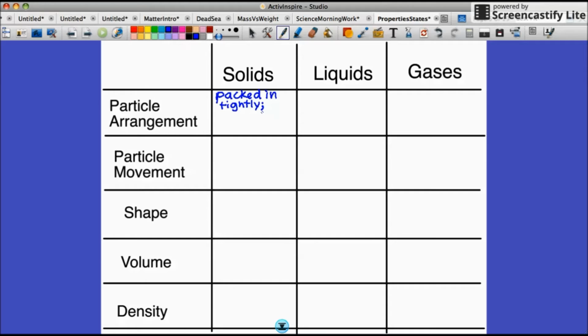What about how they were arranged, how they were laid out? Yes, and that was the pattern for that particular material. Remember, each material has its own sort of pattern. So they were organized, right? And it was in a pattern. So let's put organized pattern.